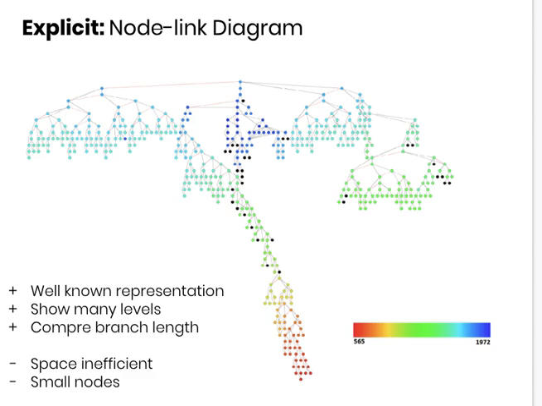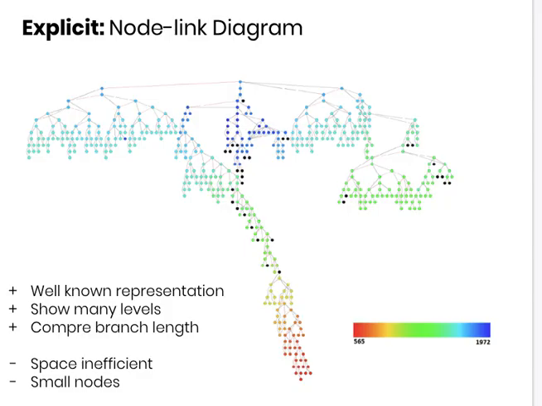Another problem with this node link diagram representation is that nodes are fairly small, specifically when you have a lot of these nodes. So if you want to encode additional attributes to nodes, if you want to play with the node size, you run into trouble quickly. I mean, to some extent that works, but there's a limit to this.